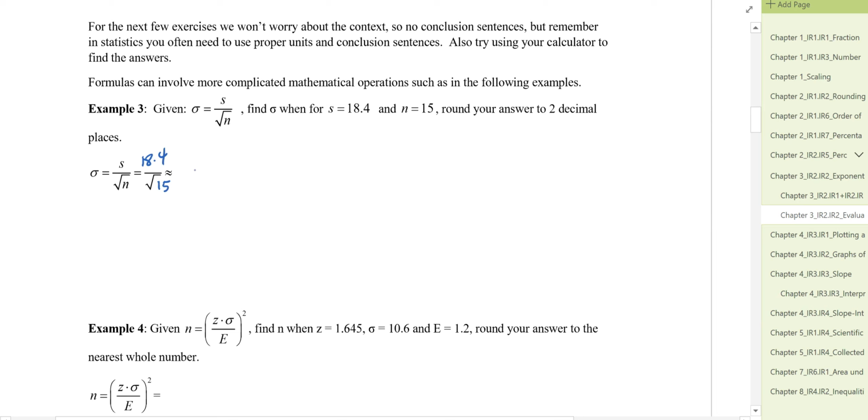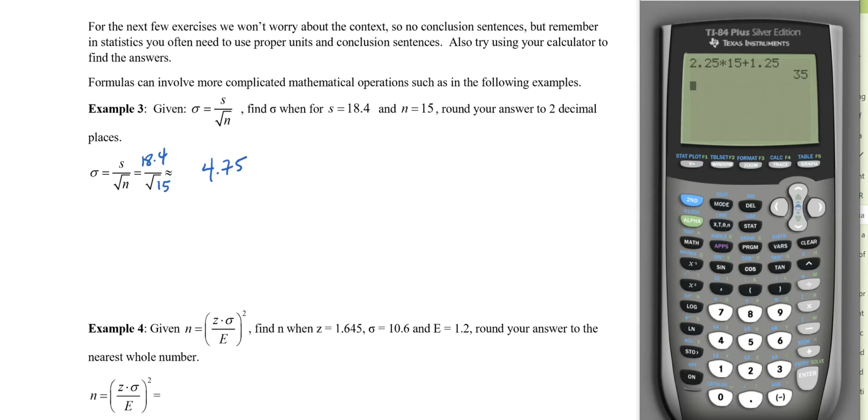If you calculate it, you see the answer is approximately 4.75. Let me show you how it's done in the calculator. I always like to clear the window before I evaluate a problem. So I have 18.4. I just have one fraction, so I don't need a grouping symbol here. Then second, square root of 15. So my answer is approximately 4.75.